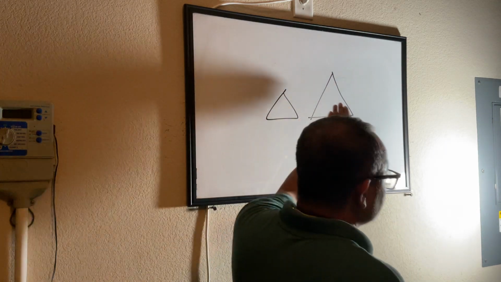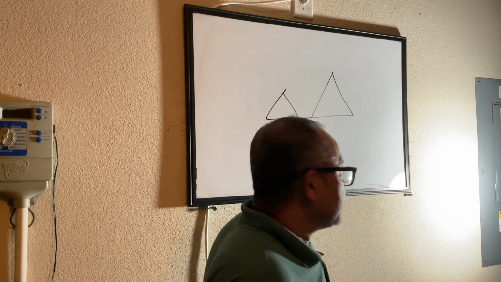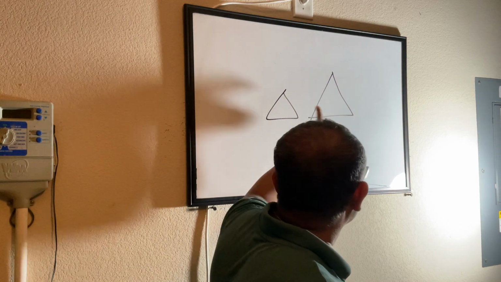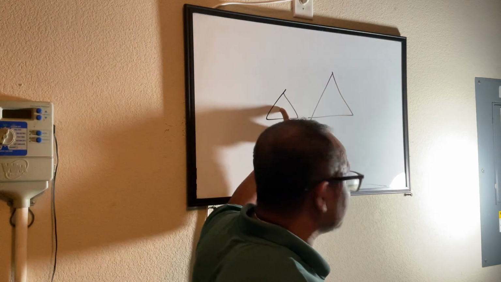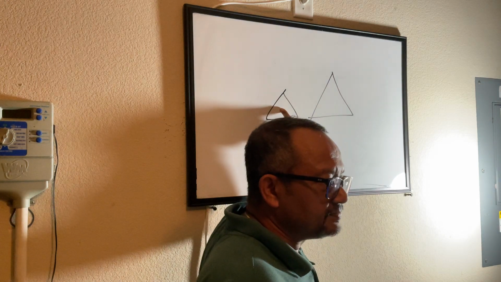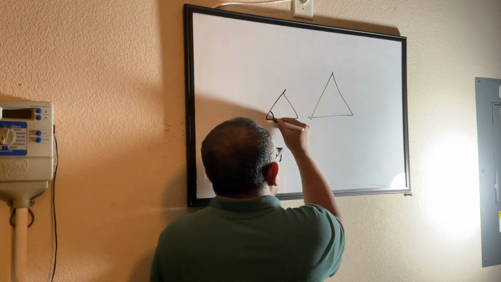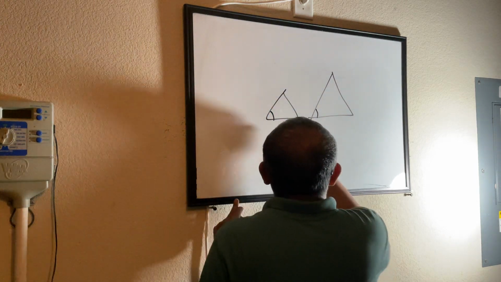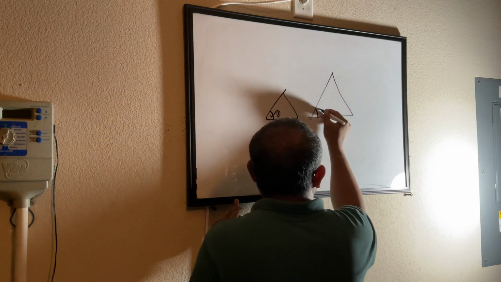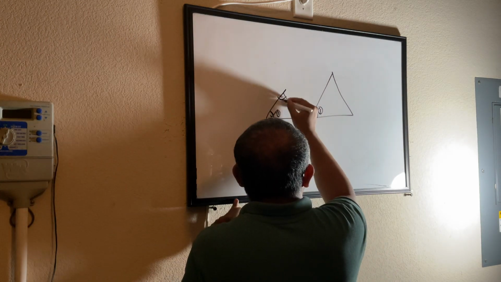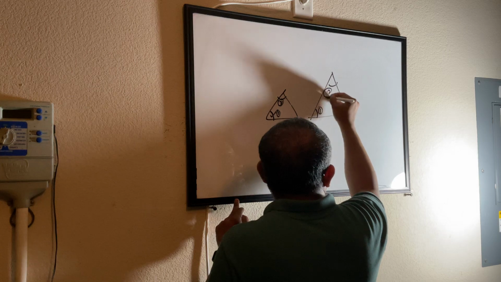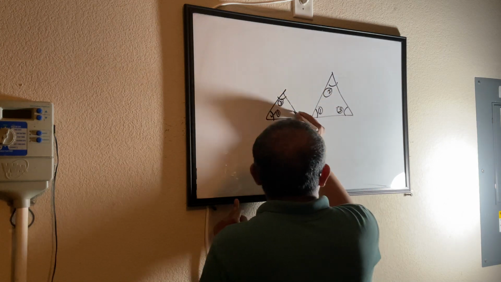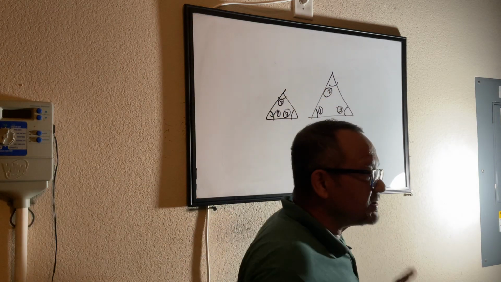If I am saying these 2 triangles are similar, either this is a zoomed out version of this guy or this guy is a zoomed in version of this guy. What you know is this angle, if this is angle 1, this is also the same as angle 1. This is angle 2, this is also the same as angle 2. This is angle 3, this is also angle 3. So the angles will remain the same.